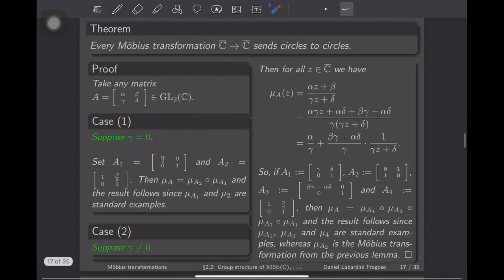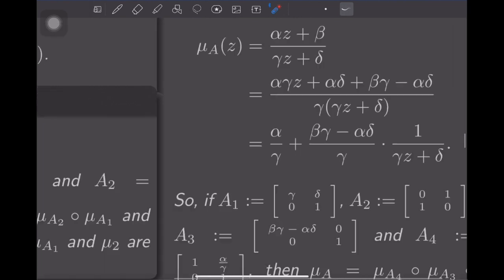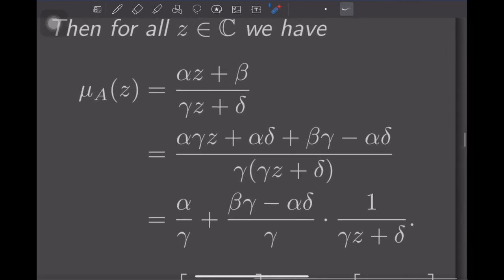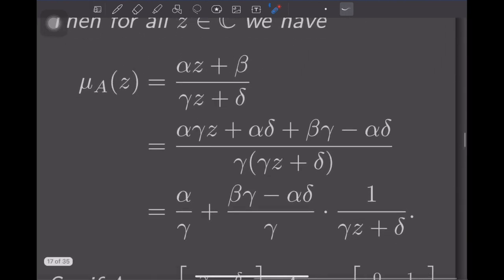And then the other case, so suppose gamma is not 0. Then what one does is write the formula in a clever way. So this mu A of z is, as we said, equal to this, even with the convention that a non-zero complex number divided by 0 is infinity.